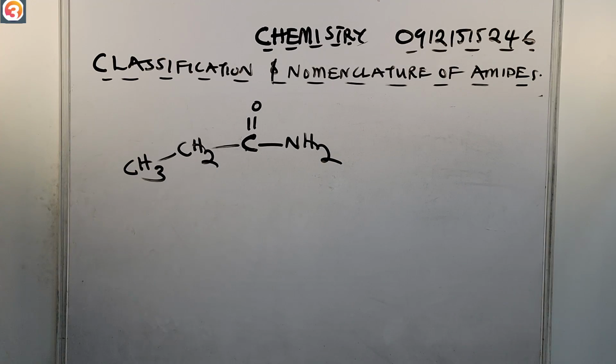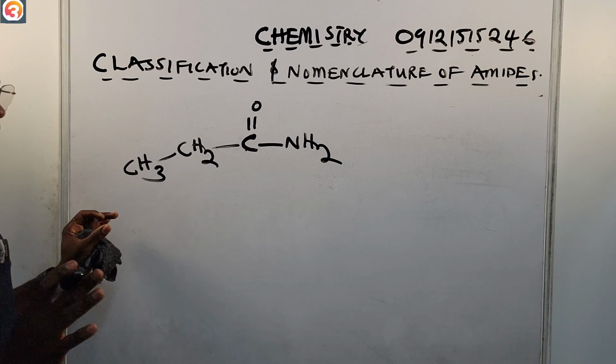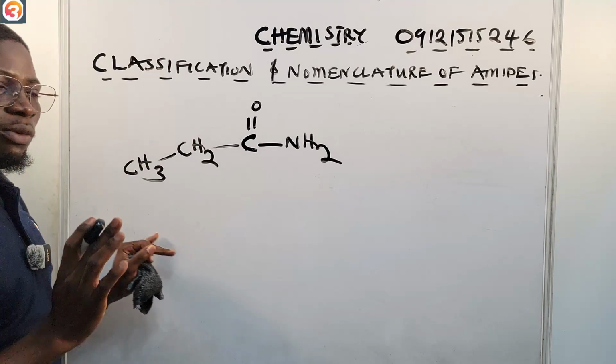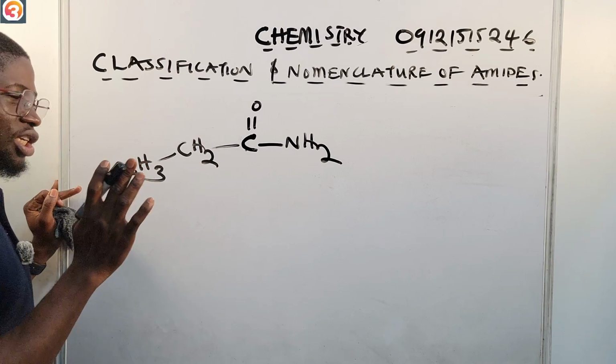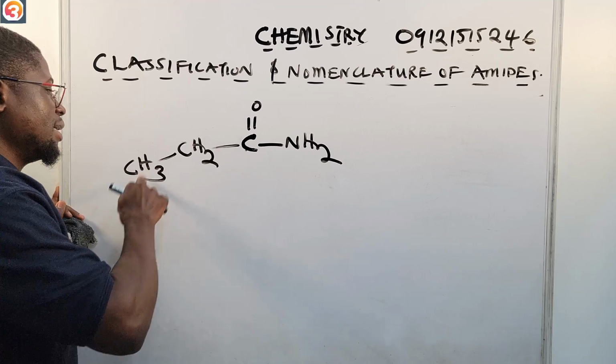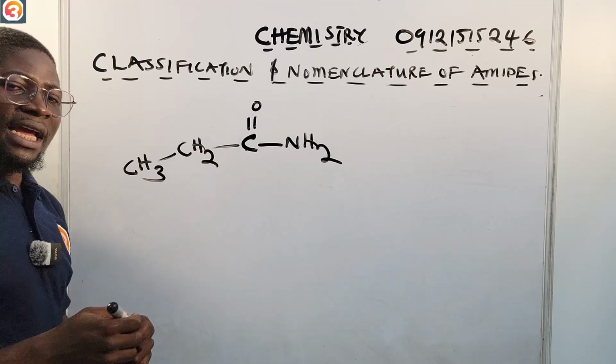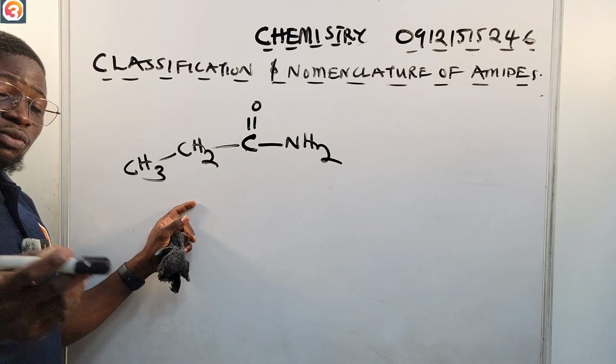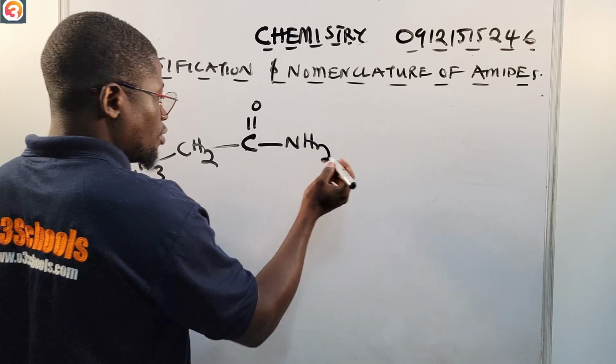I hope you understood that. Now in this case we have increased the number of carbon atoms. But the same way we want to name, locate the longest chain of continuous carbon atoms. This is 1, this is 2, this is 3. And from 3 carbon atoms in a chain, that is propane. So this will be called what now?